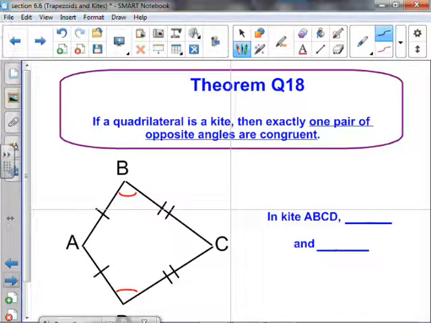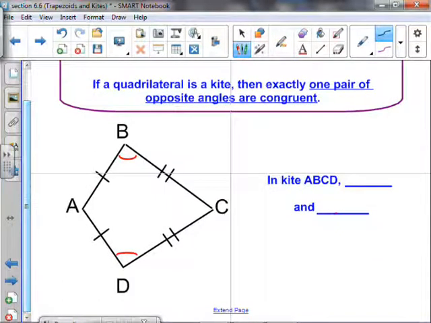Theorem 8.18, if a quadrilateral is a kite, then exactly one pair of opposite angles are congruent. Notice the word exactly here. Okay? If we have a kite, then the angles in between different sides, this one is marked with a 1, this one is marked with a 1, this one's marked with a 2.